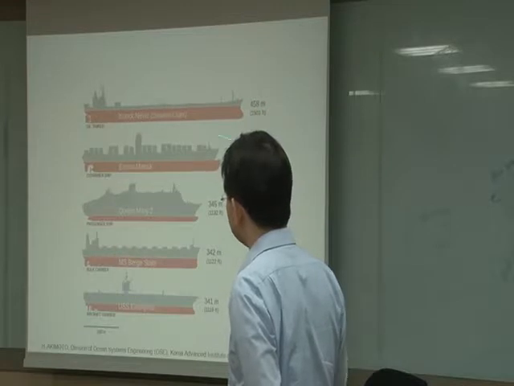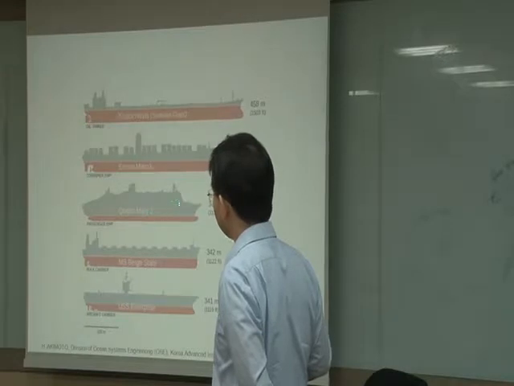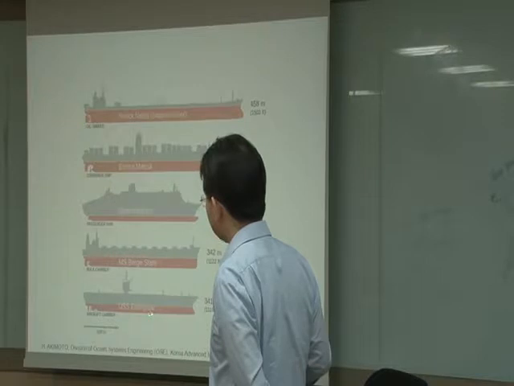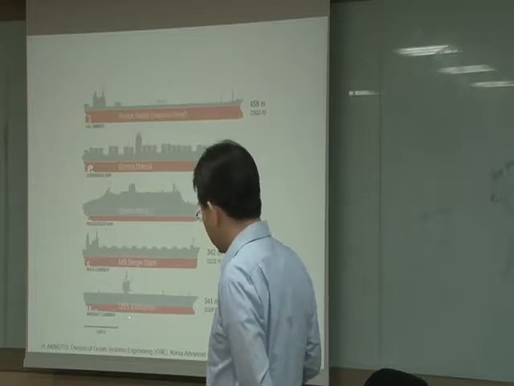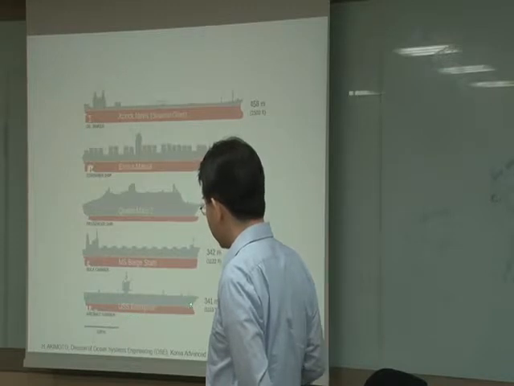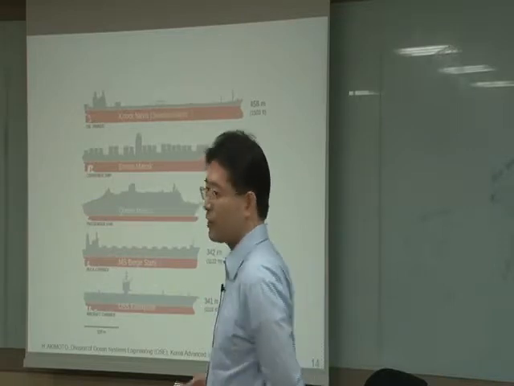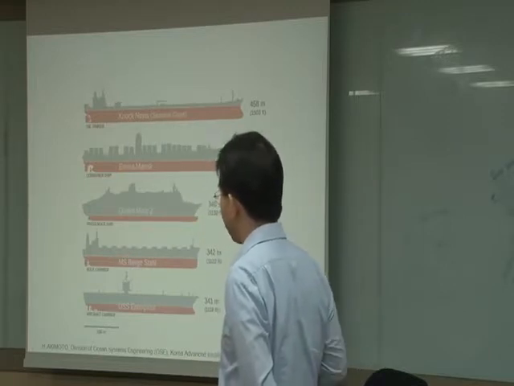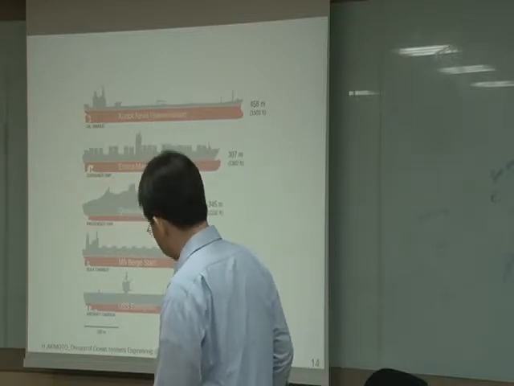So about 400 is not the largest, but it is larger than Queen Mary II and larger than the super aircraft carriers of the United States. USS Enterprise is not the largest one, but the largest one is also on a similar length scale. So you can assume Emma Maersk is larger than US aircraft carriers.